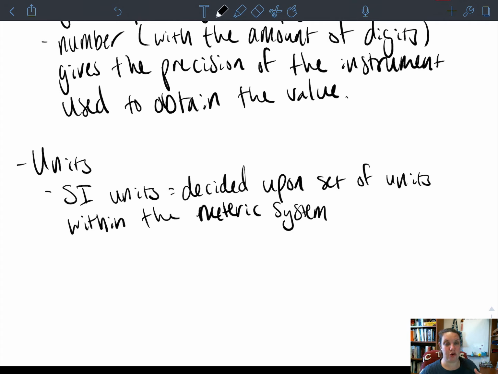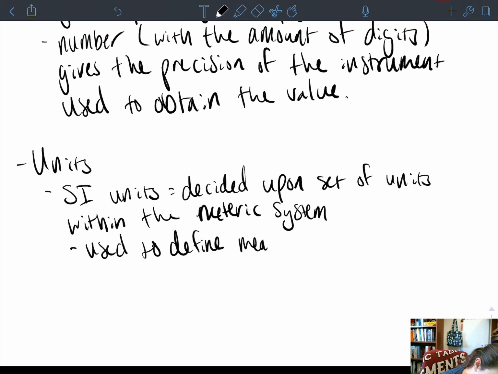And these are used to basically give information about the macroscopic world. So it's used to define measurements of the macroscopic variety.